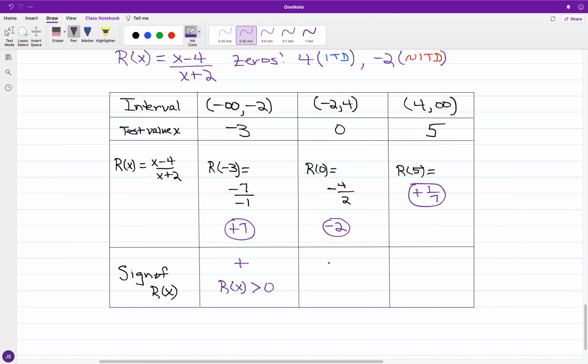Anything from the second subinterval, we have a negative output, so you have r of x is less than 0. Anything from the last, we're going to have a positive output, so r of x is greater than 0.